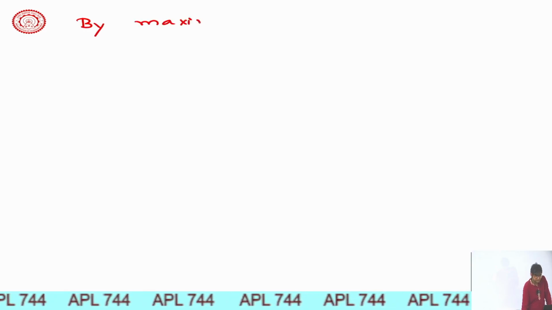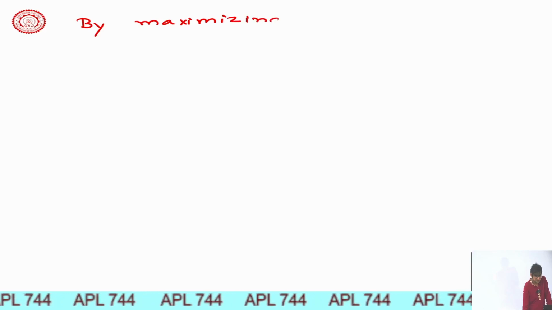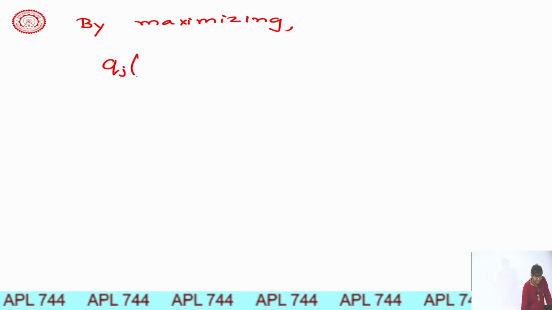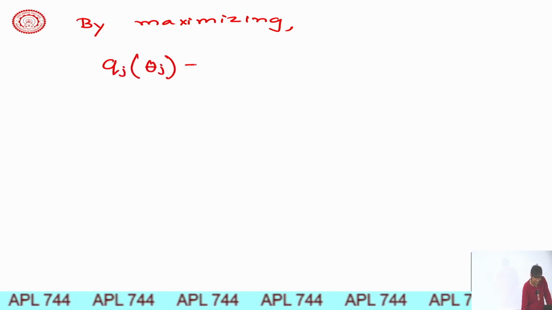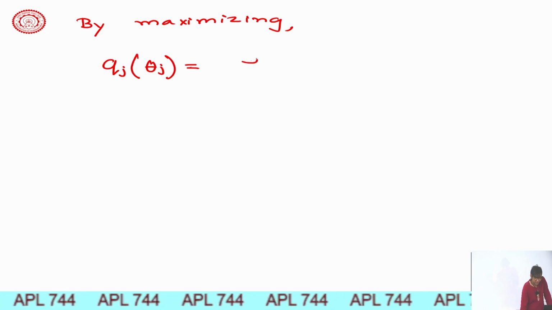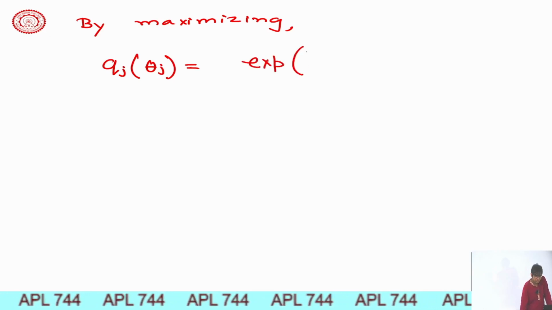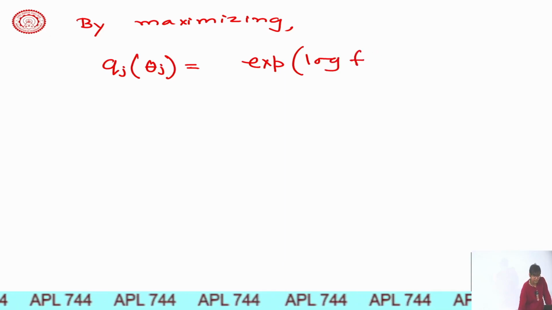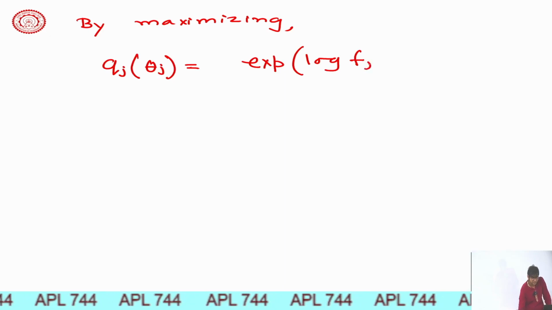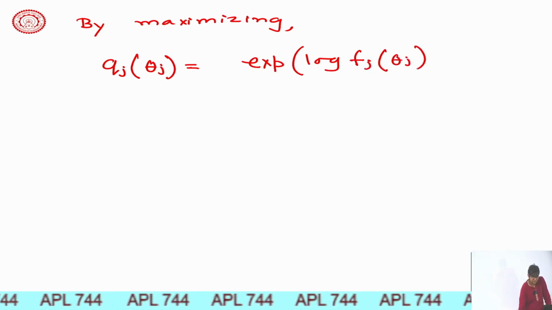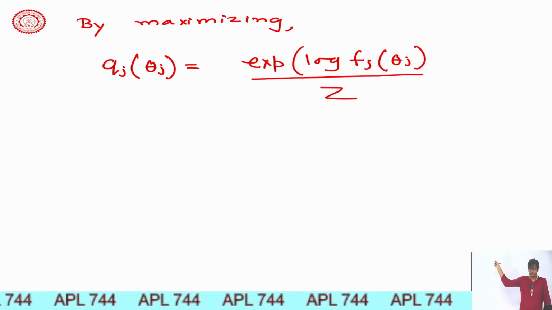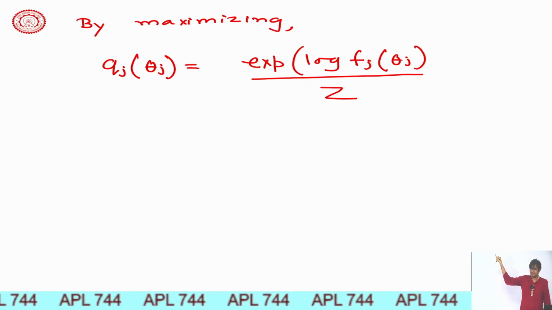By maximizing, we will get qj theta j is equal to, as I said, exponential of log of fj theta j divided by some constant z, which will come from the constant term, which will act as a normalizing constant.